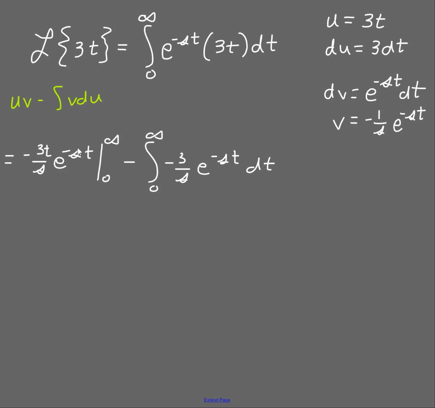All right, so let's simplify a little bit here. I'm going to call this negative 3t over s e to the negative st, evaluated from 0 to infinity. And then I'm going to combine these two negatives together, so make a positive sign out front. And then 3 over s is a constant, so I'm going to pull it out front.